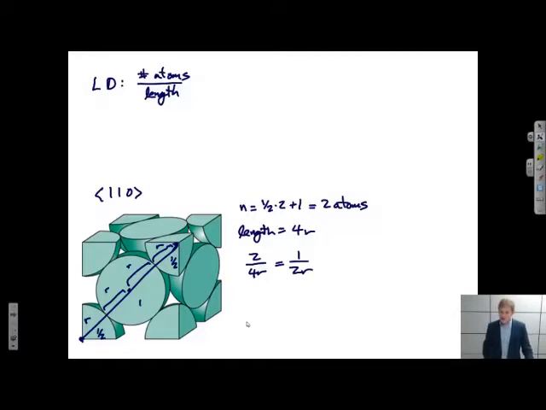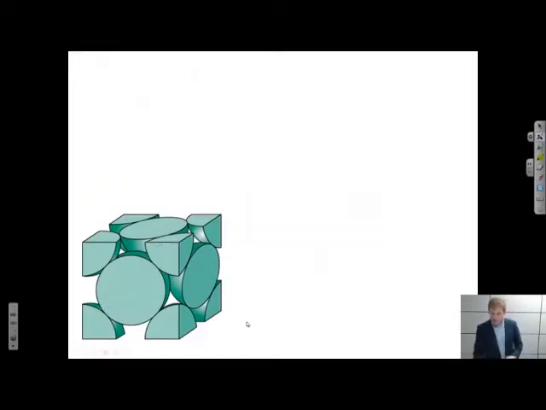Okay, let's try a different example. Same structure, but let's look at the 100 family of directions. Again, linear density is calculated in terms of a number of atoms per unit length.